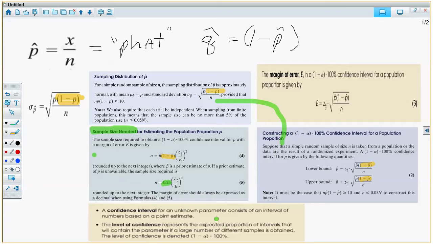So if you're not given a P and a Q, if they just say 3 percentage points with a 95% confidence level and they don't give you a P or a ratio or a fraction or anything, then you use that second formula. If they say P hat is equal to 0.65, then you would naturally say Q hat is equal to what?